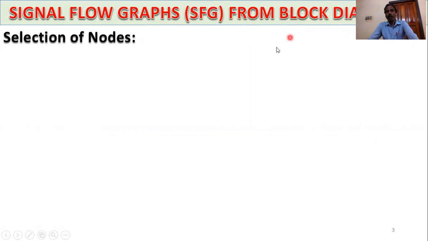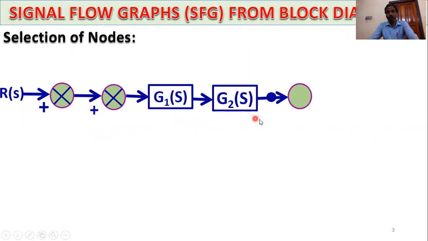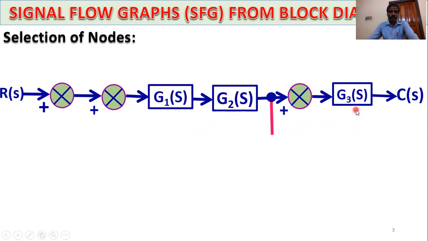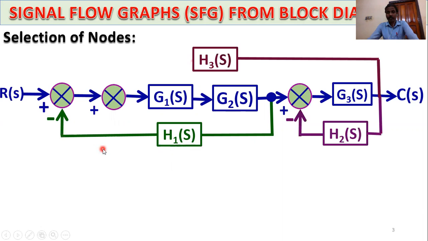Signal flow graph from block diagram, selection of nodes. R(s) the reference input, summing point, again summing point, G1, G2 gains, third summing point, G3 third gain. This is the feedback, and feedback element H1(s) is negative feedback. Again H2(s), also negative feedback, and this path also negative, and the feedback gain H3(s).